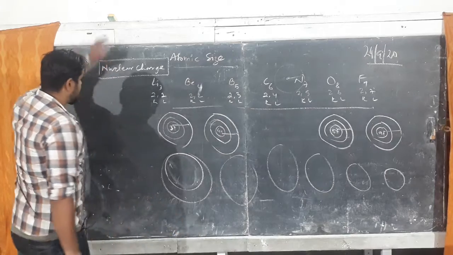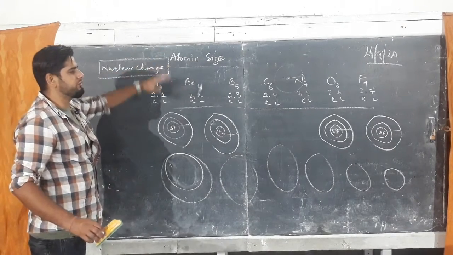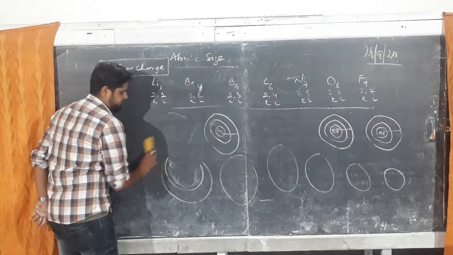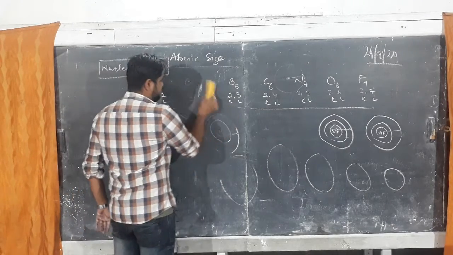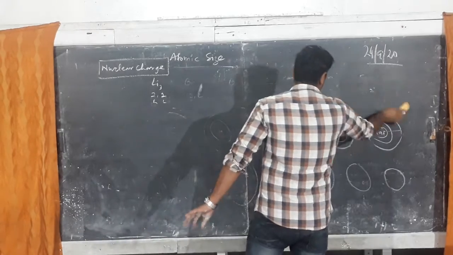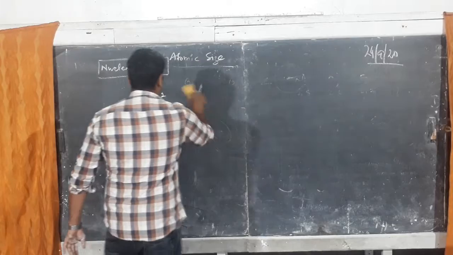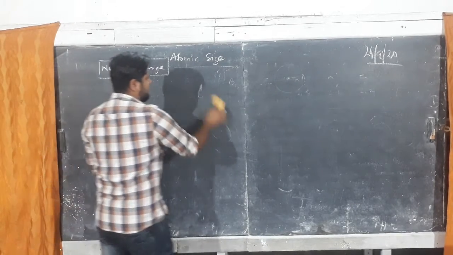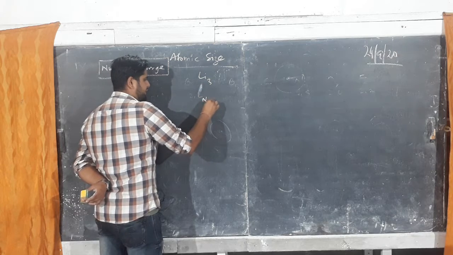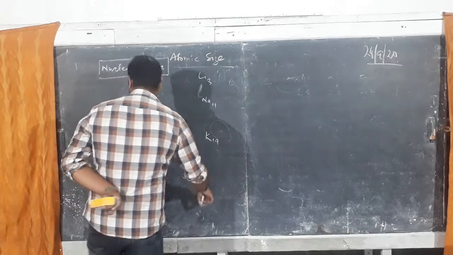Let us see what happens to the size when we move from top to bottom of the periodic table. I'll give you again a simple example: lithium 3, sodium 11, potassium 19, rubidium, cesium and francium.